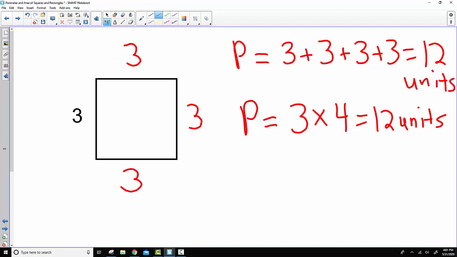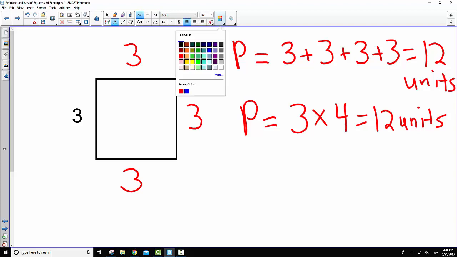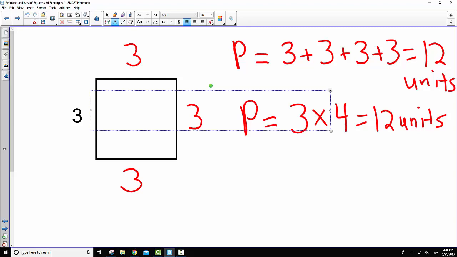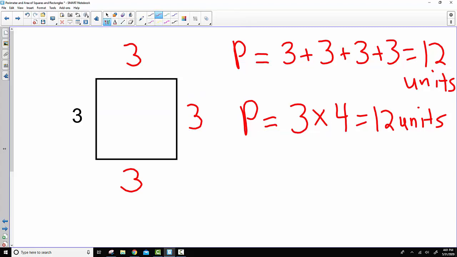Our next task is to find out how many square units are in this figure. So when we find square units, we need to show them in the figure. So we can make 3 lines in one direction because we see this 3 on the left side and the right side.